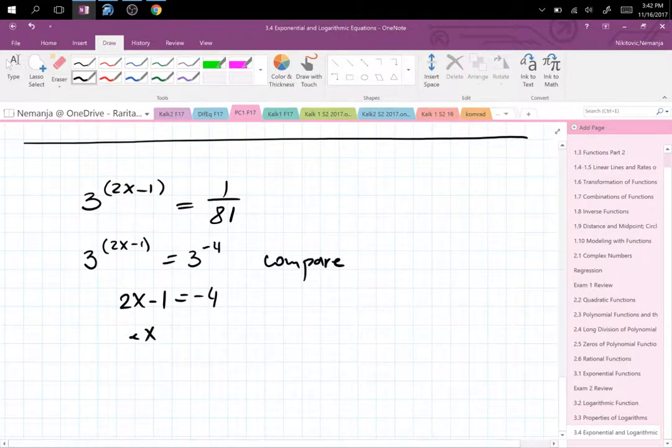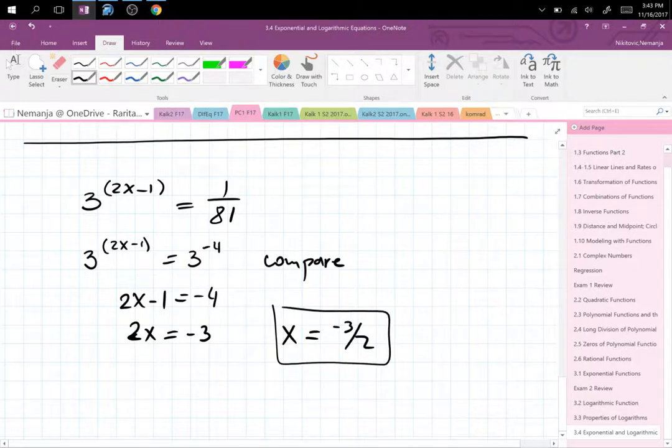So 2x is equal to negative 3. And finally, x is equal to negative 3 halves. And that's the answer. Negative 1.5 or negative 3 halves. So if you put negative 3 halves for x in the equation, you better get 1 over 81.